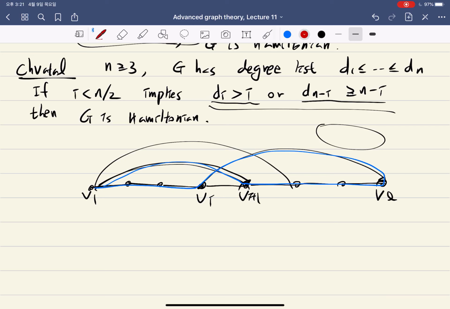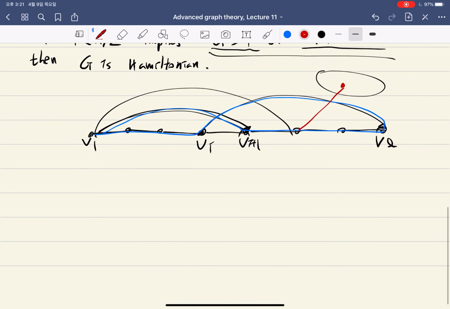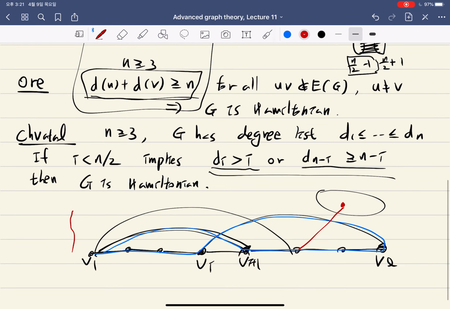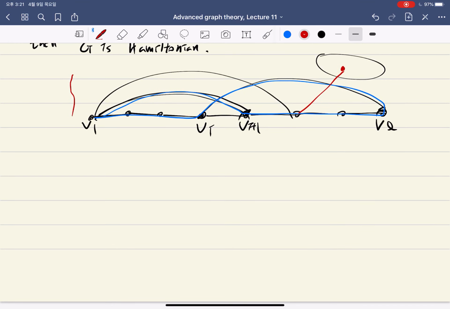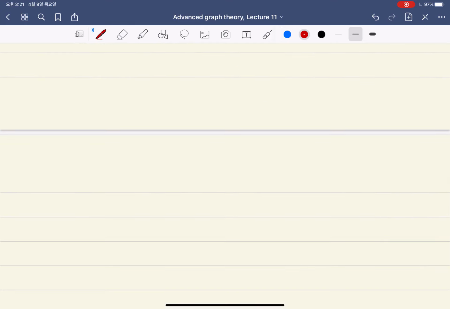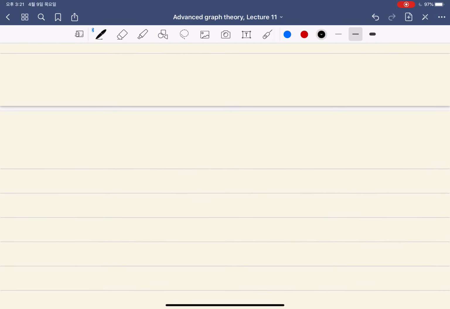And again, by the fact that the graph is connected, we can find a vertex outside which has a neighbor among the vertices here. And this cycle with this edge again yields a longer path. So those are the basic techniques for proving Dirac's theorem or Ore's theorem. At the moment I don't remember how we adapt this to prove Chvátal's theorem, but that's the basic idea.